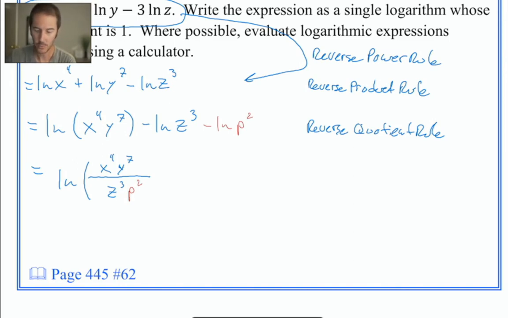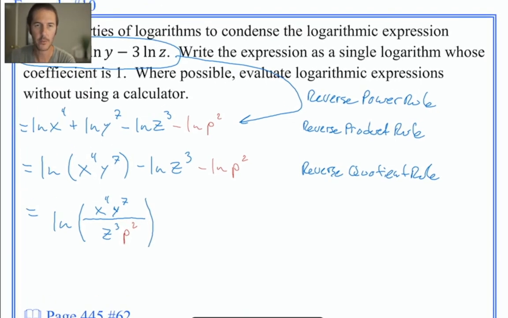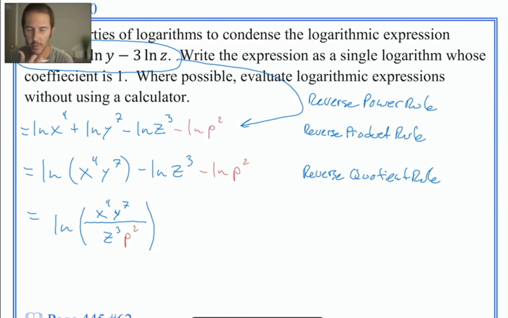If you would like to go back through and introduce that natural log of p squared all the way up, you can do that in order to make the problem just a little bit more complex. Just make sure that you also introduce this minus p squared right here also. That should say 3z.